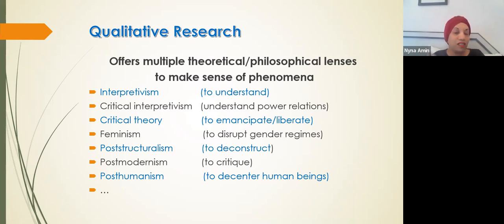Then there's postmodernism, which is to critique the present ways, cultures, and habits of doing things, and to perhaps create some disorder, some chaos, because chaos also has some pattern to it. And then there's post-humanism. And this worldview is to decenter the human being.